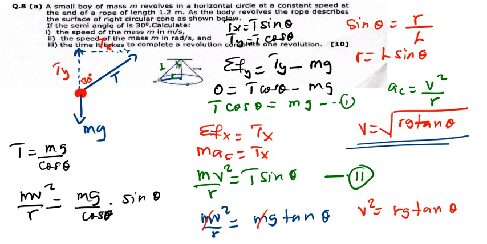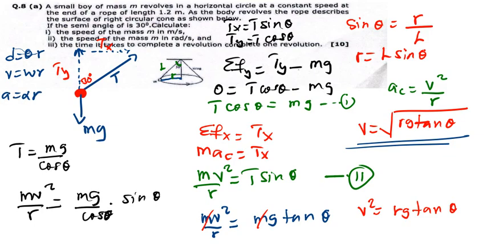Now this is what we call the linear velocity. But we can also find the angular velocity. We know that there are also these formulas which are very important for us to know. The linear displacement is equal to theta times r, v is equal to w times r, then linear acceleration is equal to angular acceleration times r.